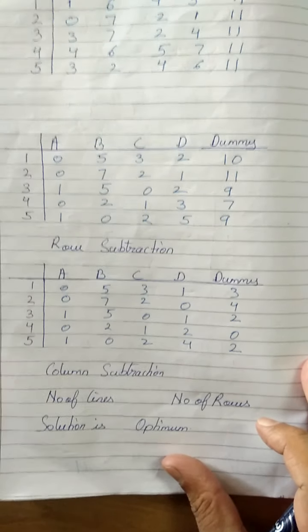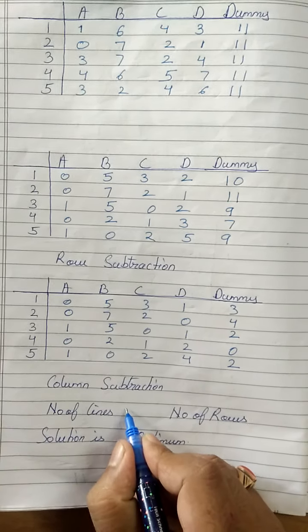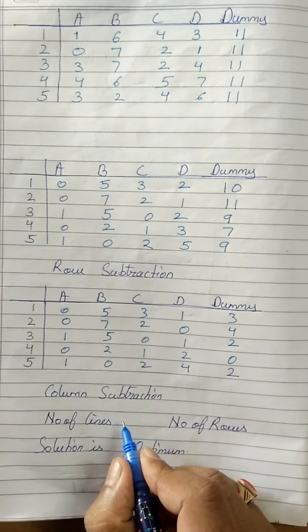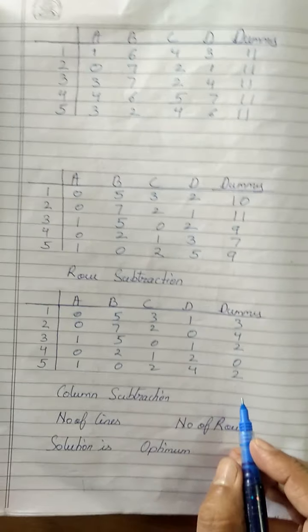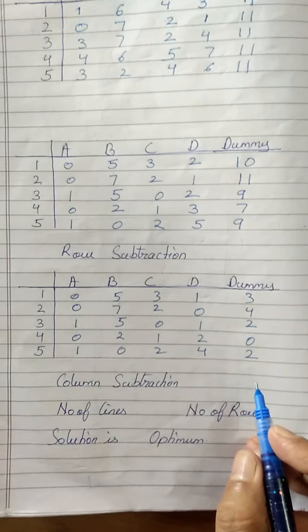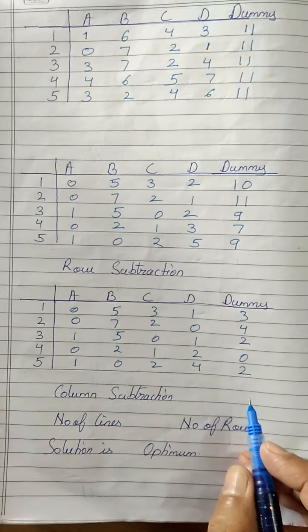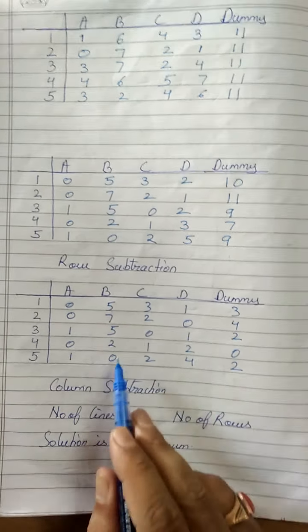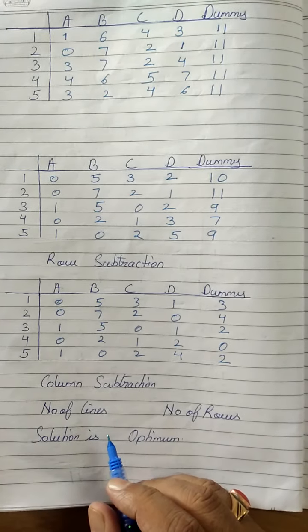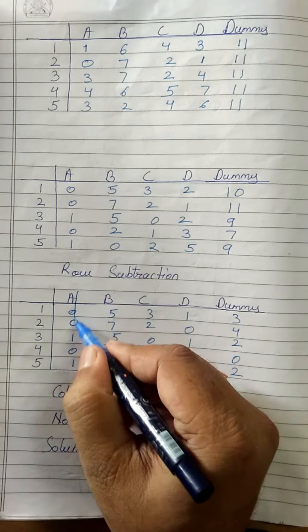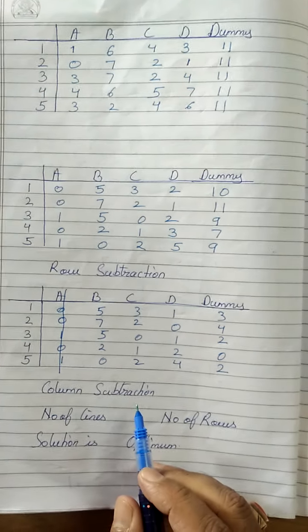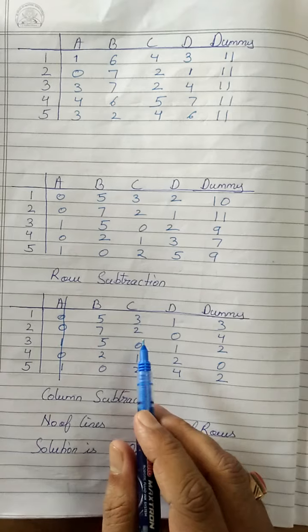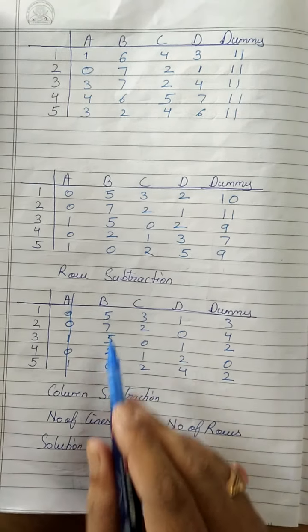Now we need to draw the lines first. Check the row or column which has the maximum number of zeros. Which row or column has the maximum number of zeros? Does any column have more than 2 zeros? Yes, the first column, so we draw a line over here. Now check any other row which has 2 zeros? No. Any column which has 2 zeros?